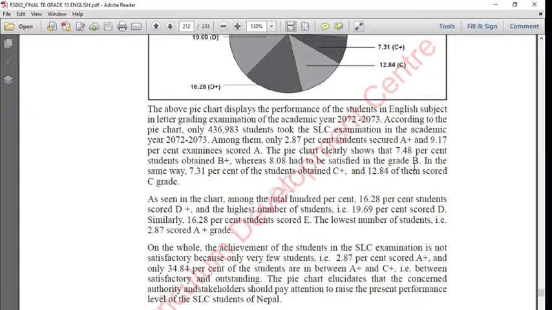As seen in the chart, among the total 100%, 16.28% students scored D plus, and the highest number of students, that is 19.69%, scored D. Similarly, 16.28% students scored E. The lowest number of students, that is 2.87%, scored A plus grade.